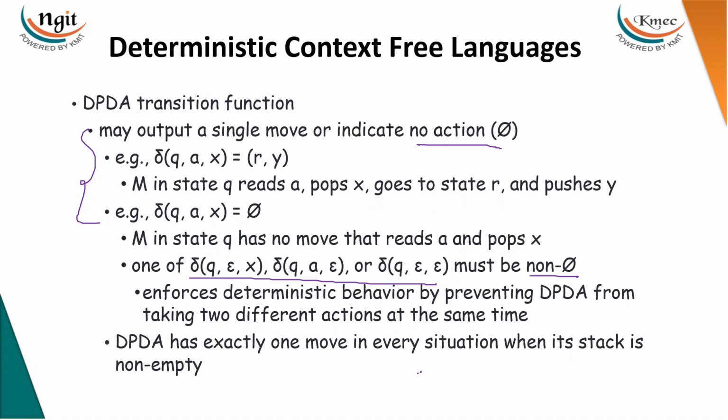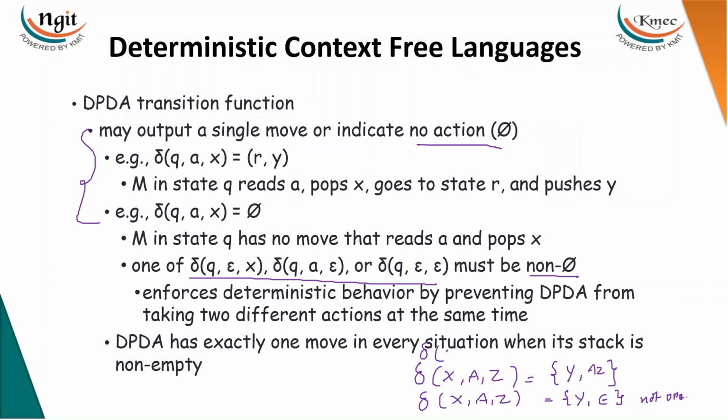Exactly one situation means on any state, if you read any input symbol and a particular stack symbol, then you should go to one state by performing one operation. Going to Y by performing push. For example, if I'm having X, A, Z, the same input symbol, and you are going to the same state by performing a different operation, it is not a DPDA. We should not have that for the same situation.